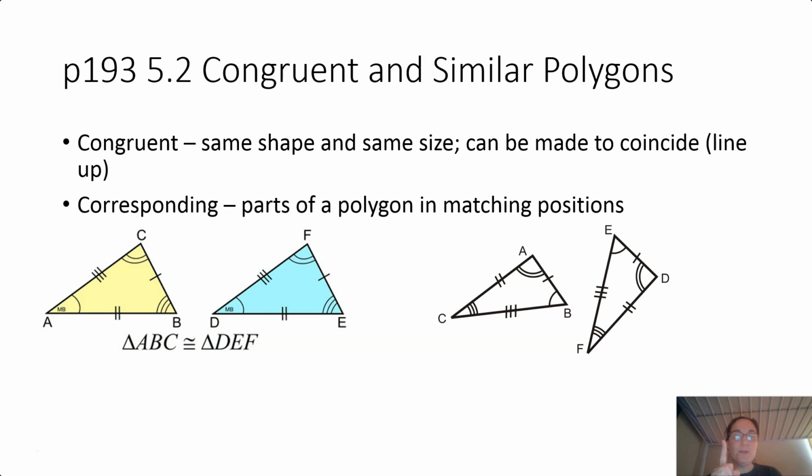I'm going to assume that the second triangle is going to start with E, because B and E would be corresponding parts. Then angle A in the first triangle has two lines, and angle D in the second triangle has two lines. And finally, angle C in the first has three, and angle F in the second has three. So it should be BAC and EDF.